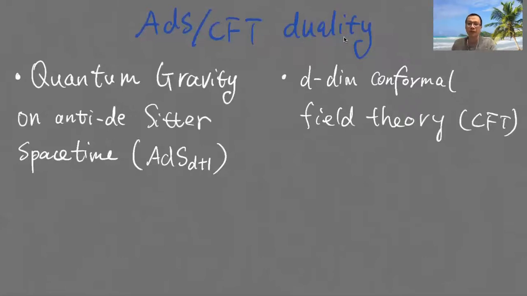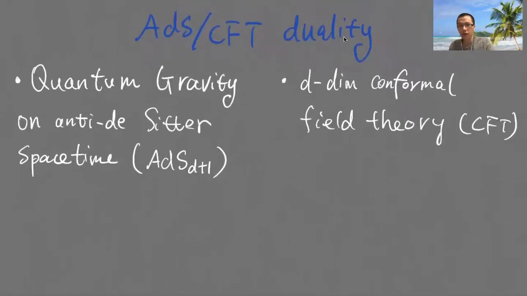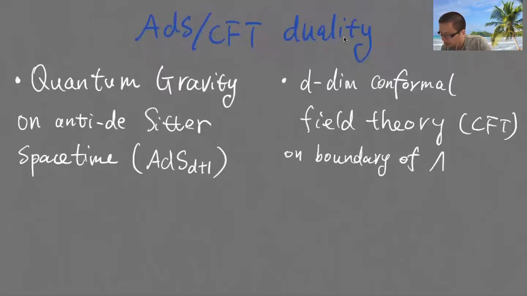And the conformal field theory lives on the boundary, the conformal boundary of AdS space. As I emphasized, this is a duality between, again, two seemingly very different theories. One is a quantum gravity, and the other is a conformal field theory.